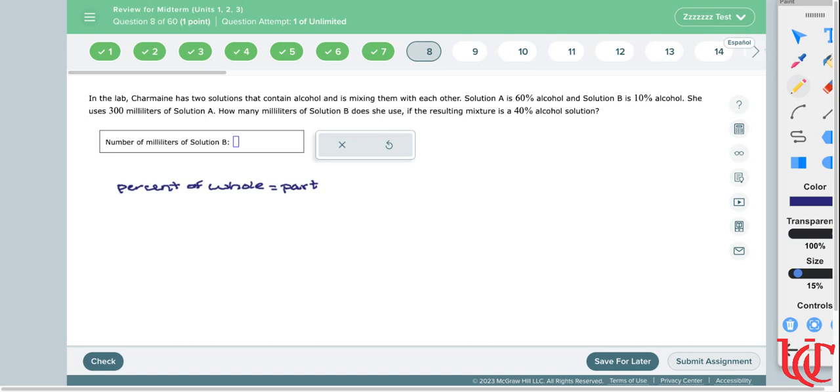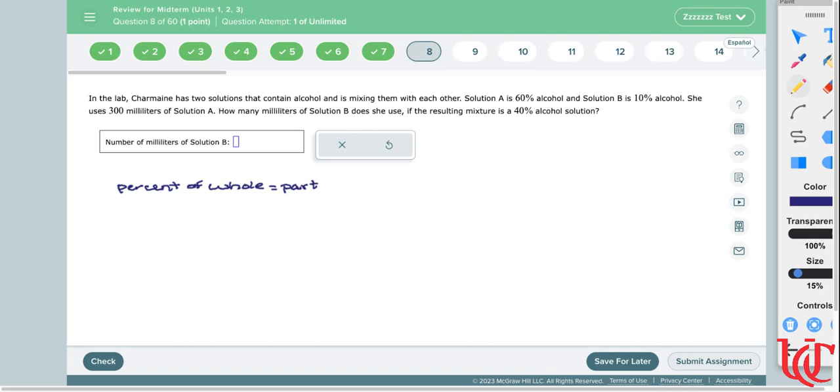All right, so it's a percent problem, so we do need to know that the general formula for percent is percent of a whole is your part. Of is times, so we always have the total amount that we're using, and then we're going from there. So we want the resulting mixture is 40% alcohol.